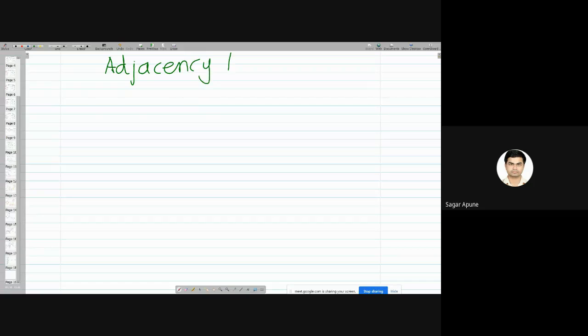Okay, this is an important topic according to your exam. 100% one question is there in your end semester exam: show the adjacency list or adjacency matrix for a given graph. It is a 2 or 4 marks question: explain adjacency list and adjacency matrix with an example. This is a very important topic, and it is very easy.